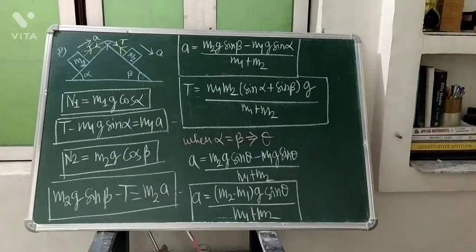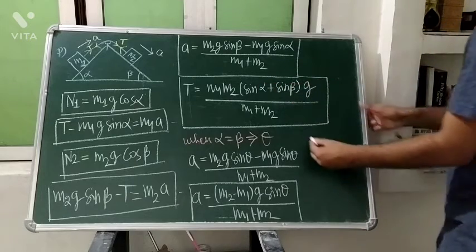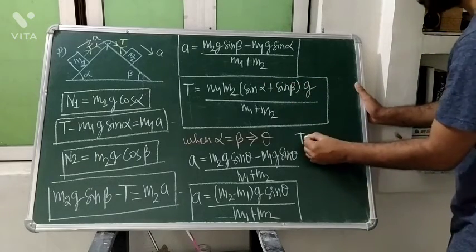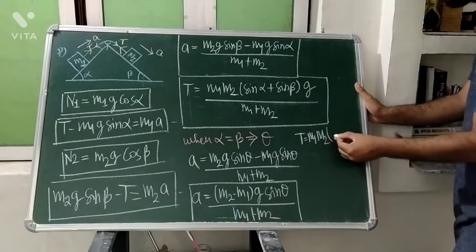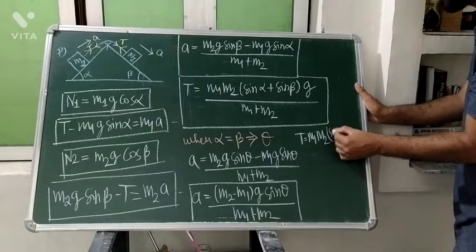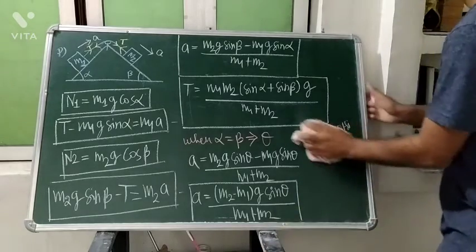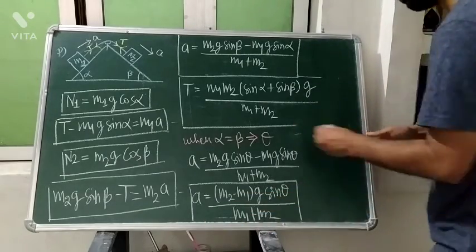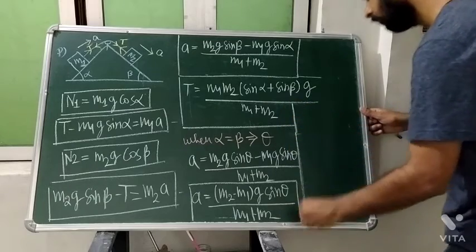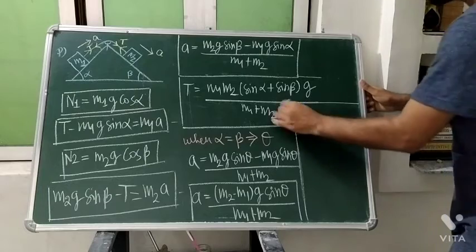Okay, and then in place of alpha and beta we will put the same angle. We will write the tension for the same angle.